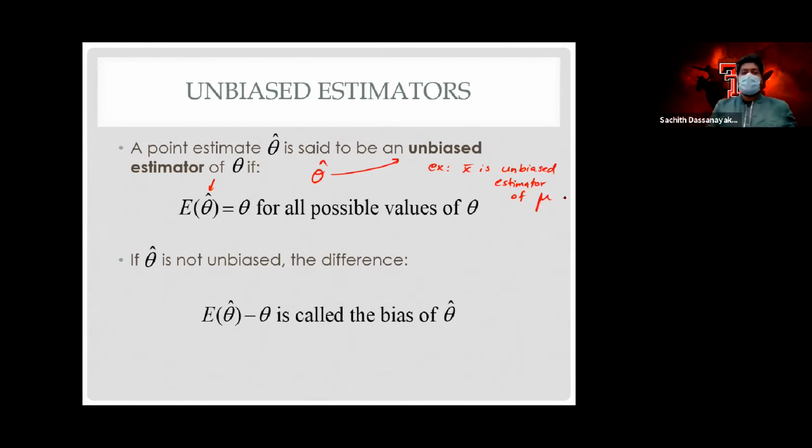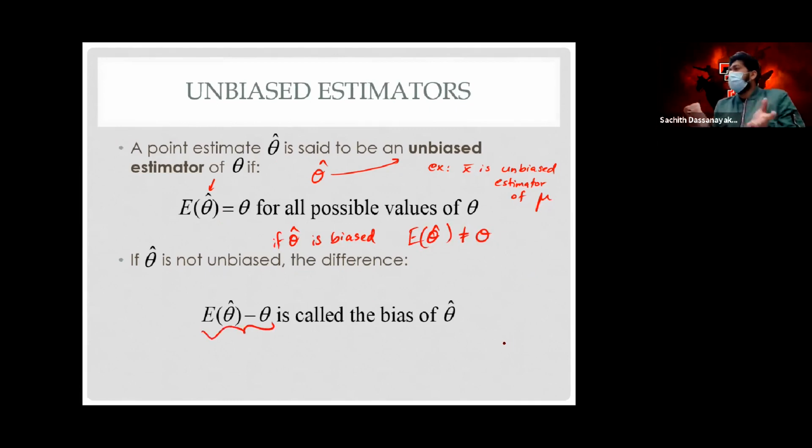Clear? Okay. If it is not unbiased, if the estimator is biased, you cannot get this, right? If theta hat is biased, then this is not equal to theta, so there is a difference between these two.